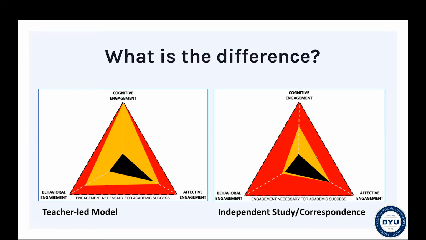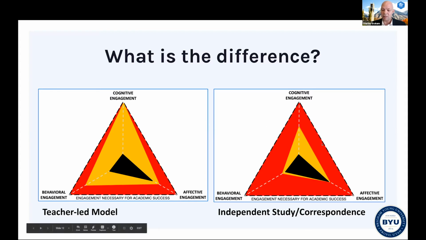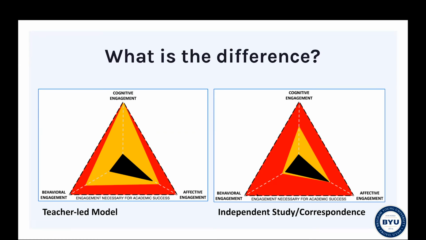And so you can see that this yellow engagement support that's happening around is not sufficient to get students to the level of academic success that they need. And so this is why success rates in these environments are very, very low, because it's leaving all of the rest of the support to the personal community of the students.